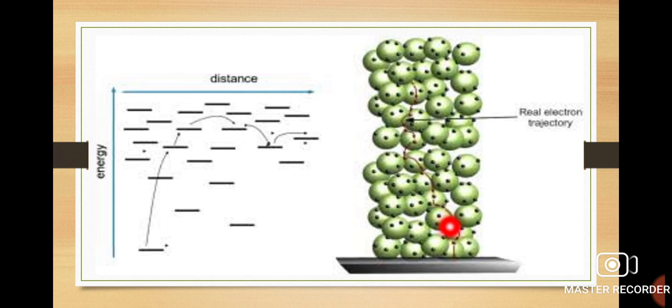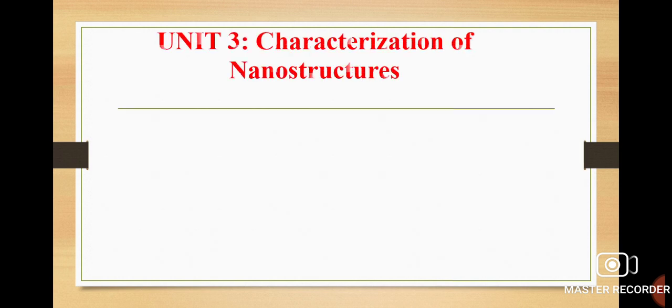This red line shows the trajectory of electrons. In this manner electrons can be transported in a nanostructure. This figure also shows energy level with respect to distance, and it shows the trajectory or transportation of electrons.